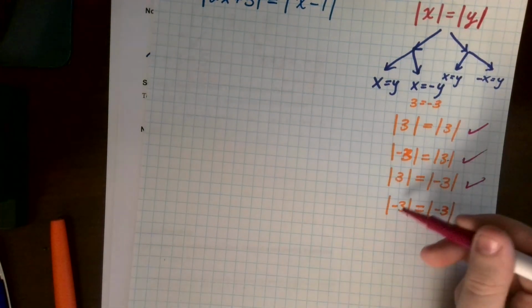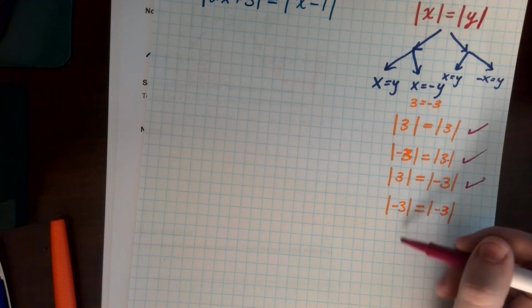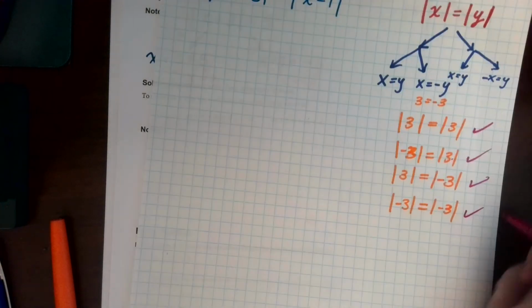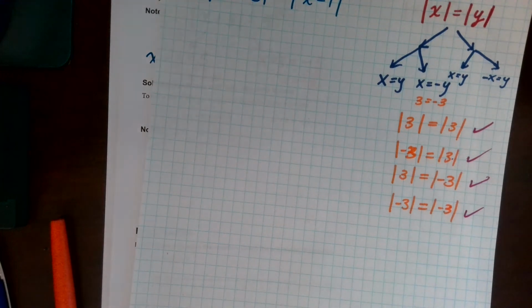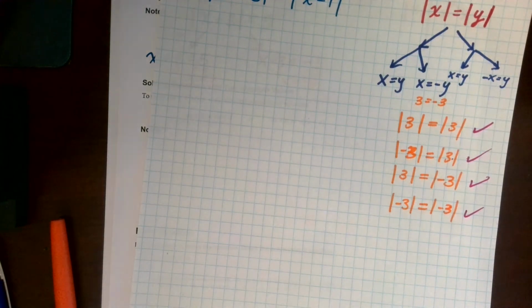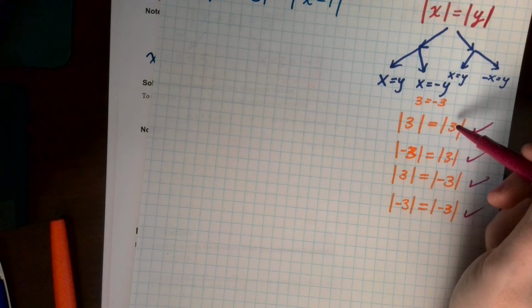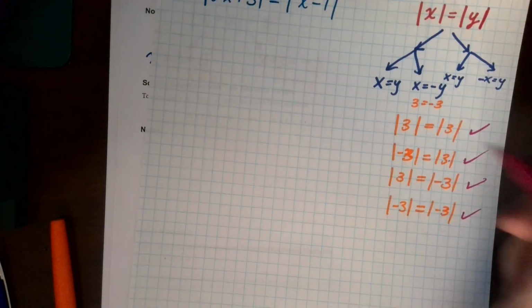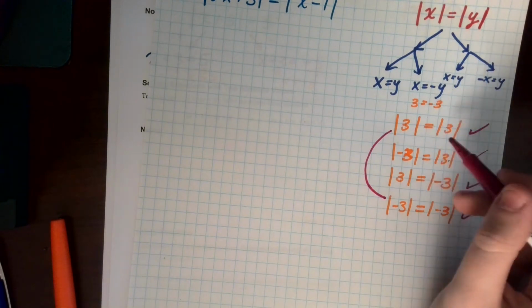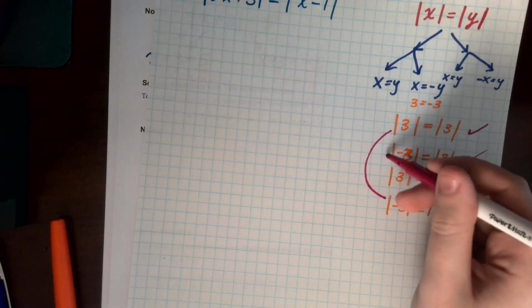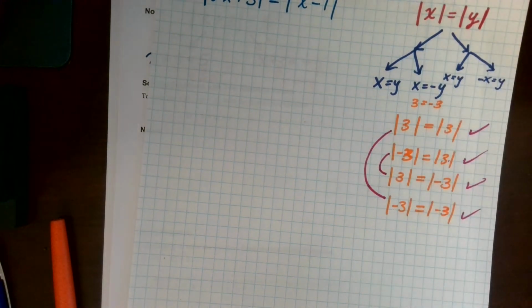Well, again, the absolute value of negative 3 is 3, so they're equal. What we end up with, even though it's 4 possibilities for equations, we really have 2 situations. Either our x and y are the exact same, or x and y are opposites.